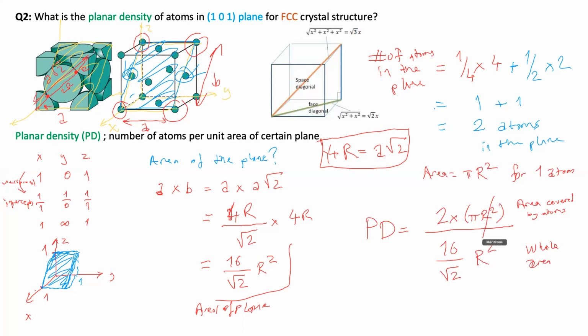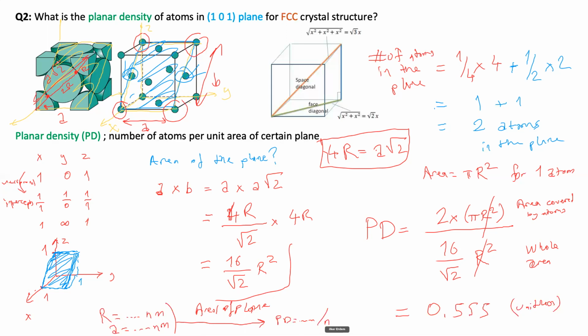The R's will again be cancelled, so we will find the value of that much, which is a unitless planar density. But if you were given some numerical values like R is equal to that much nanometer or A is equal to that much nanometer, we would be able to calculate the planar density as something over nanometer squared.